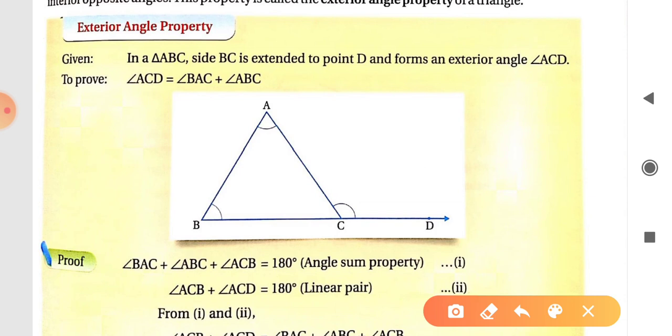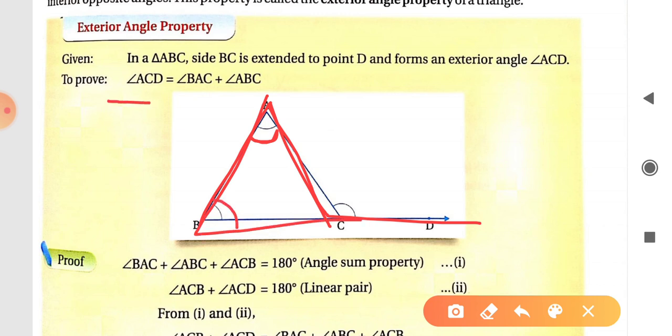If this is a triangle ABC and BC is extended to point D, and this is the exterior angle, then angle ACD is equal to the sum of angle BAC, that means this angle, and angle ABC, that means this angle.